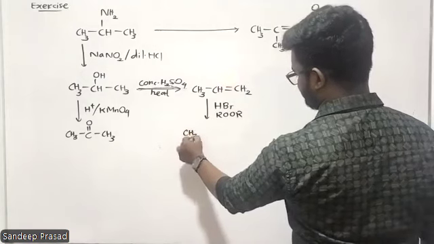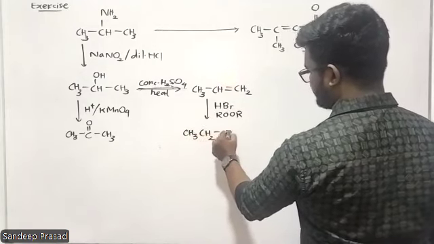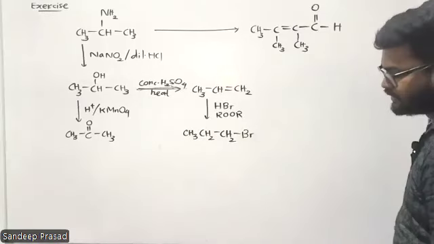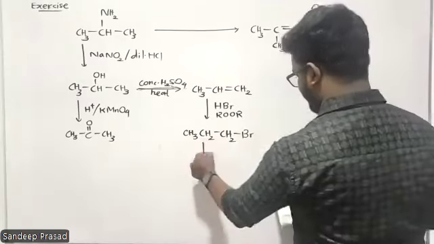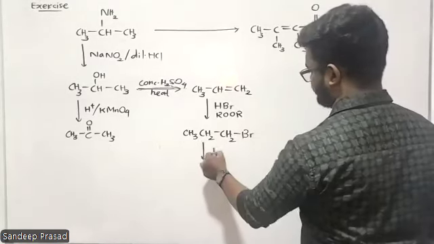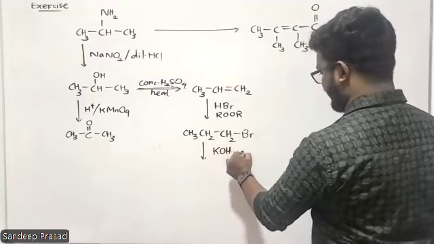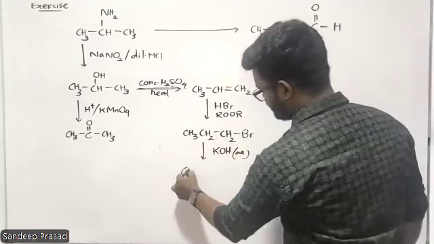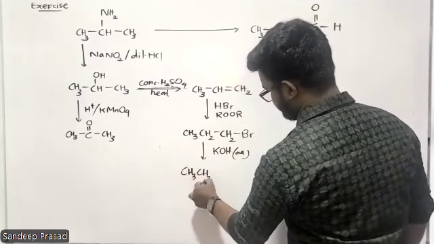Then the product is CH3, CH2, CH2Br. Then here I can add alcoholic KOH, or aqueous KOH. If we add alcoholic KOH, what will happen? Elimination. So therefore we have CH3, CH2, CH2OH.